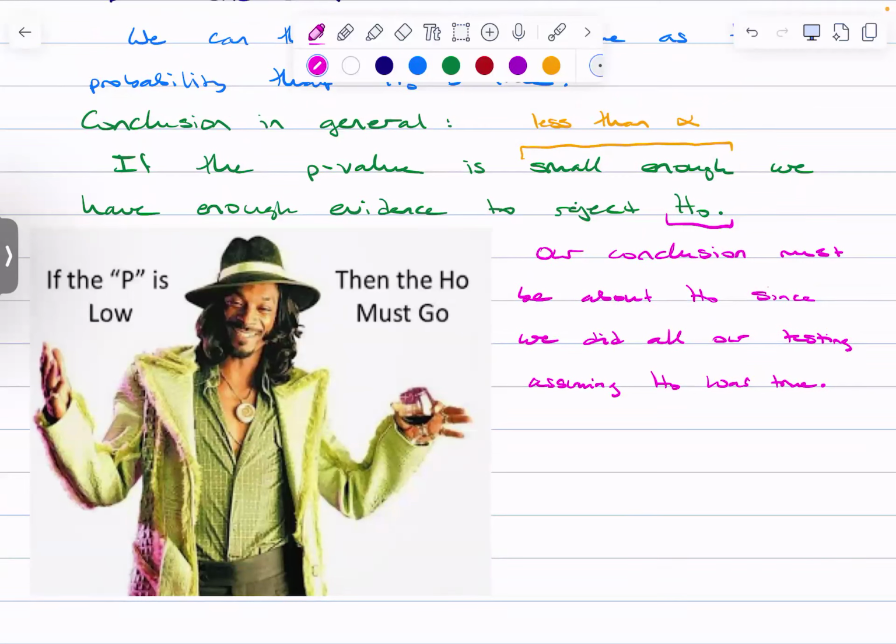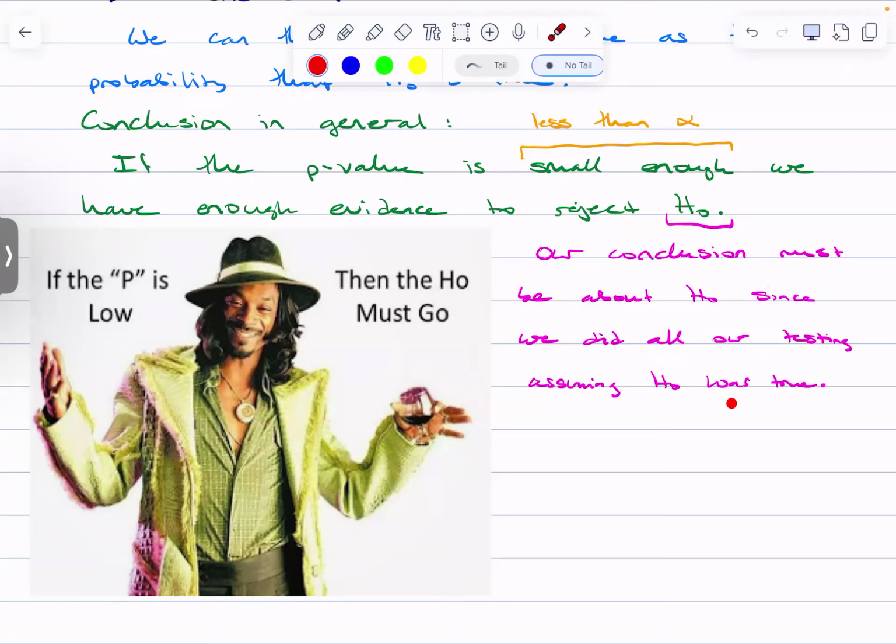I was marking your quizzes last night, and I didn't write it every time I saw it, but if you flip to the last page, the type 1, type 2 errors, if you were talking about the alternative hypothesis, you're going to need to reframe that.